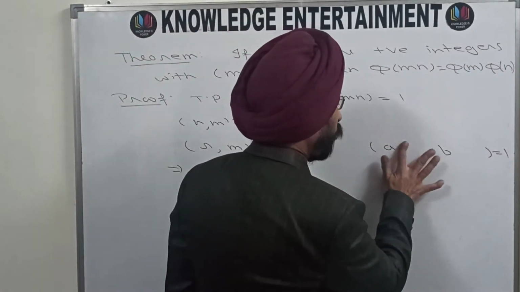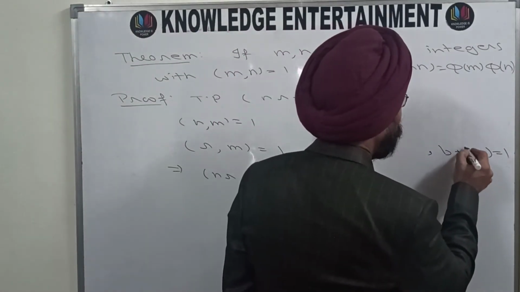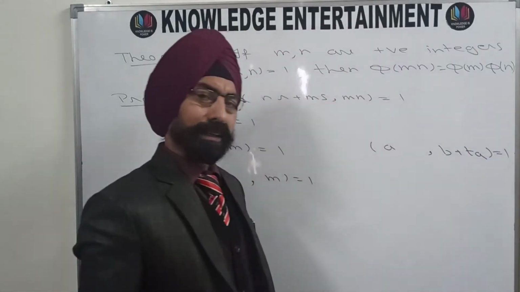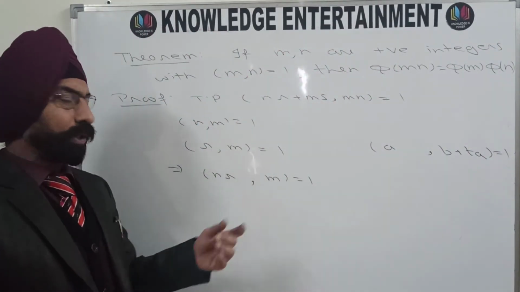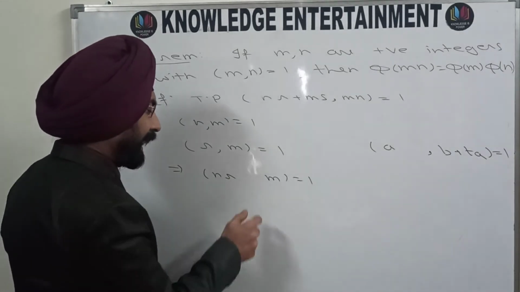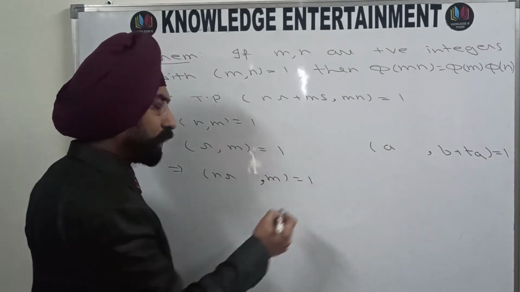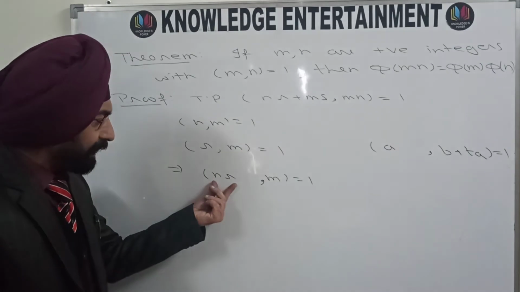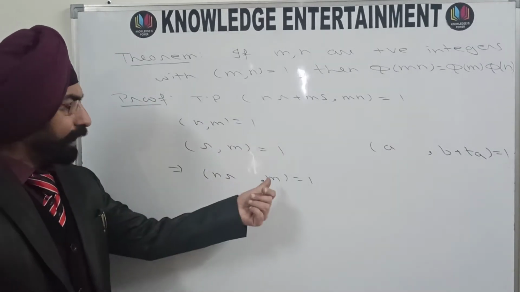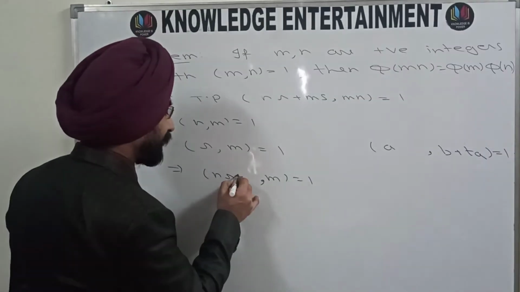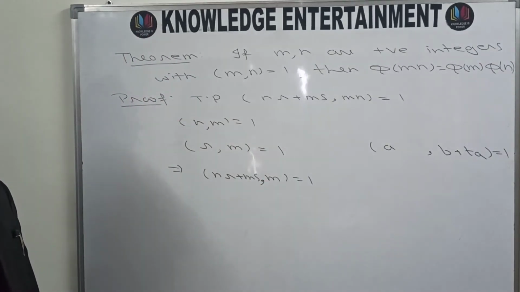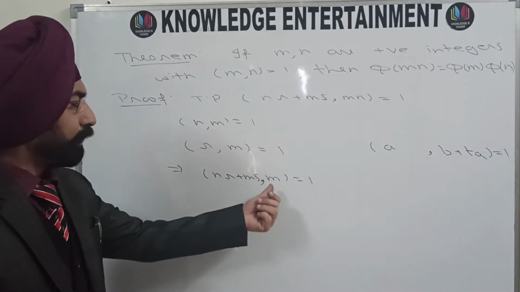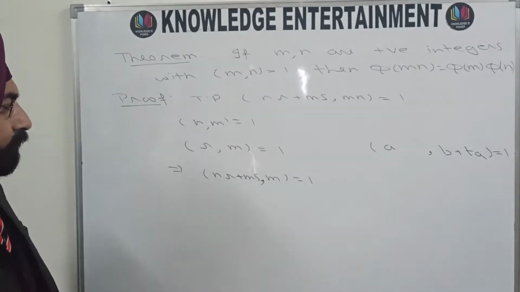And if you add t times a to b, the GCD will still be 1. So that I'm going to use here. NR and m, GCD is 1. So if I add to nR a multiple of m, that means mS, the GCD will still be 1. So GCD of nR plus mS with m is 1.